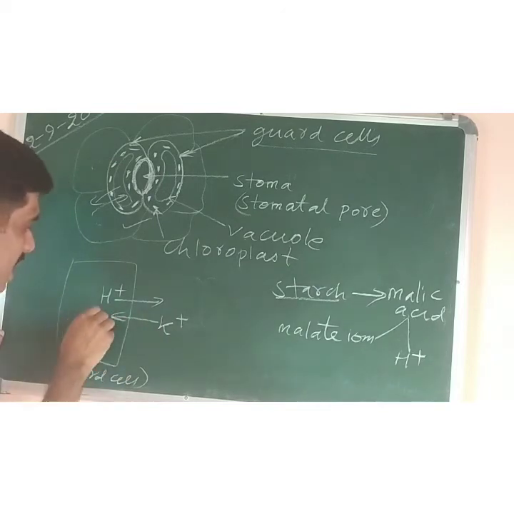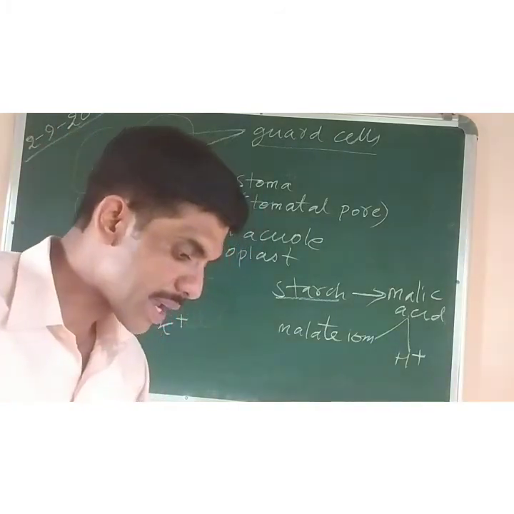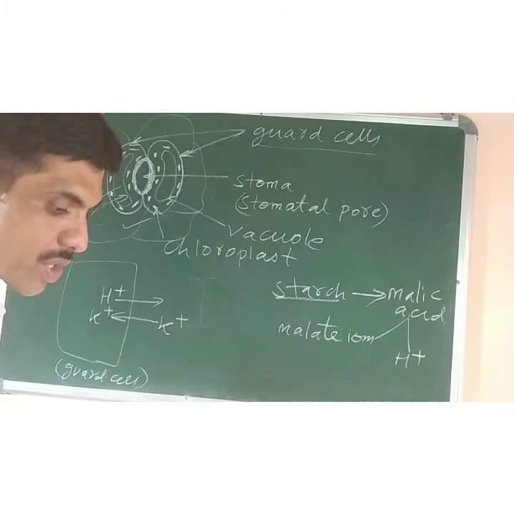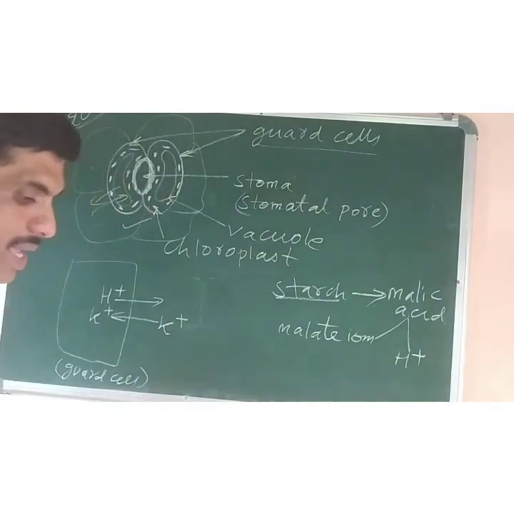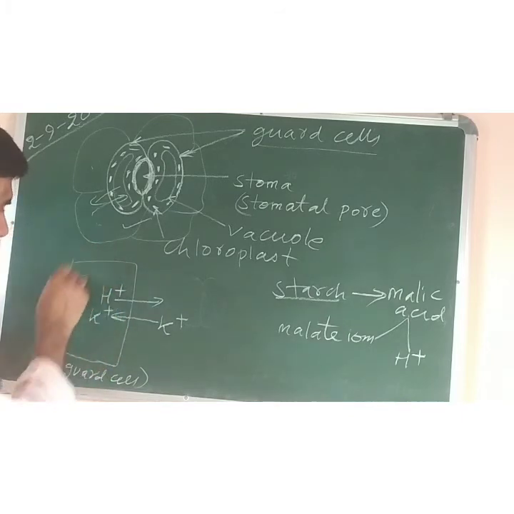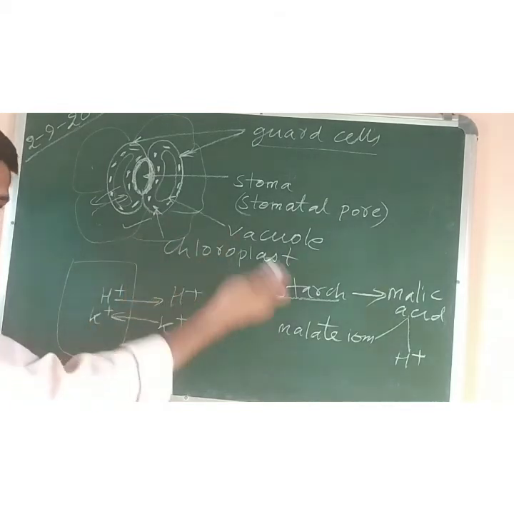These hydrogen ions are transported to the subsidiary cells in exchange for K plus ions, which move inside the guard cells. I have shown the arrow here: K plus ions are moving inside, H plus ions are going outside the guard cells.